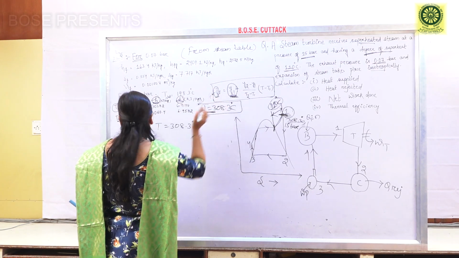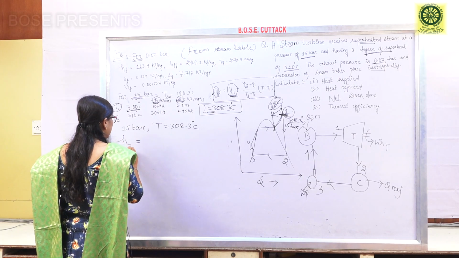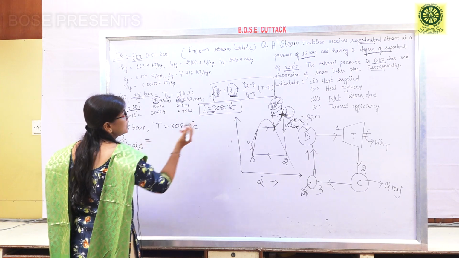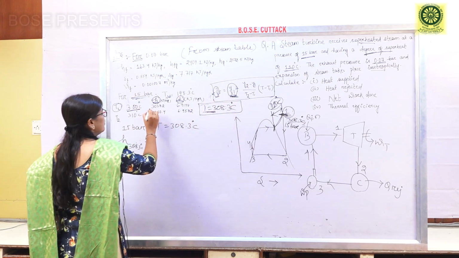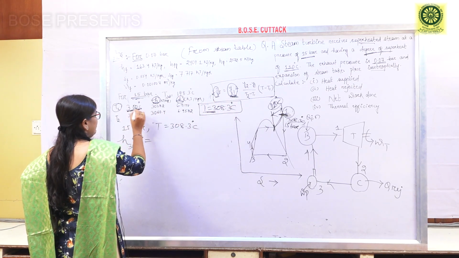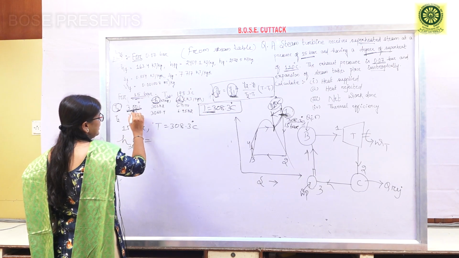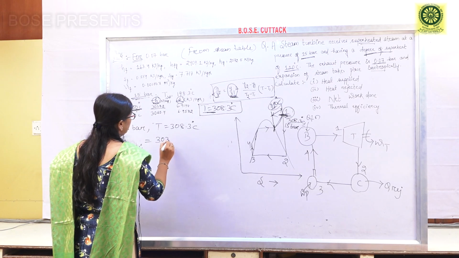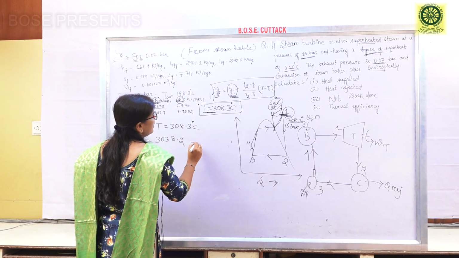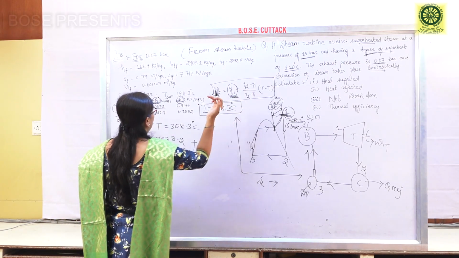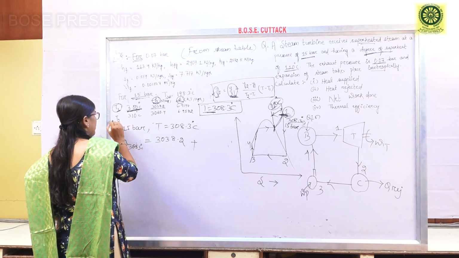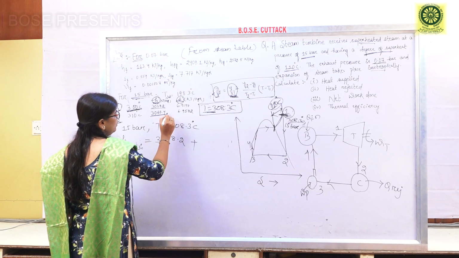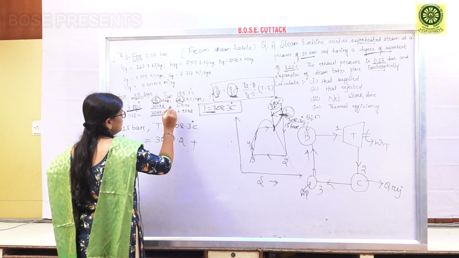So see here, for H at 308.3 degrees centigrade, how will it be? For T1 temperature 300 degrees centigrade, your H1 is 3038.2, plus Y2 minus Y1. This is for your T2 temperature, so this is Y2 and this is H2, this is H1.